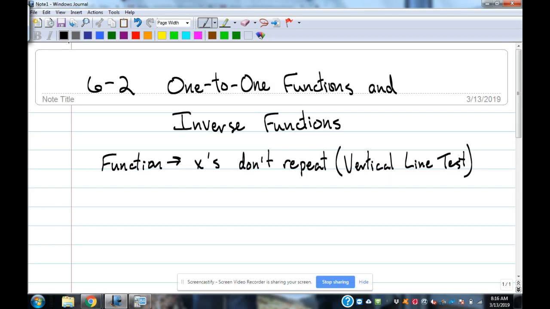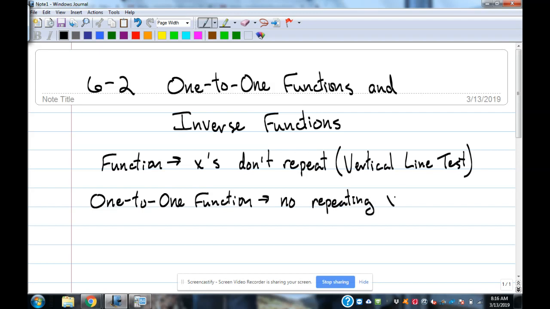A one-to-one function, first off, it's a function, so x's don't repeat, but one-to-one means y's don't repeat either. No repeating x's or y's.